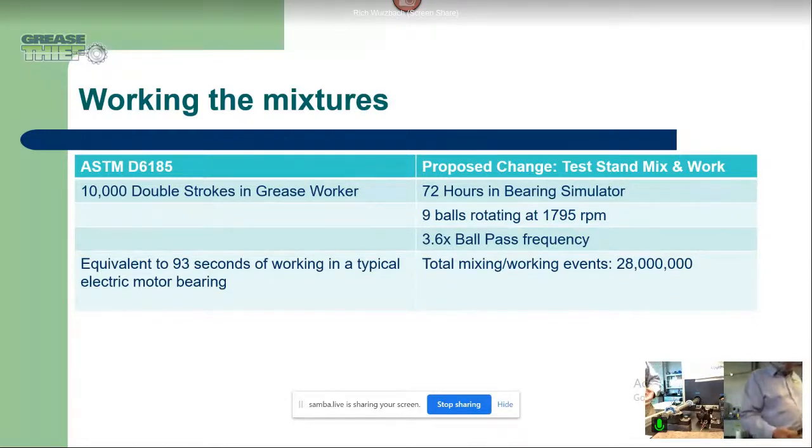So the question is, from a simulation standpoint, from a confidence standpoint, are you going to be happy if that mixture lasts and is compatible for 93 seconds of operation? I'd say not. But you wouldn't be happy with it for 72 hours either. But it does give us enough time to see some of the physical changes that we can observe in grease and measure them very precisely to gain some insight into the compatibility of this mixture.